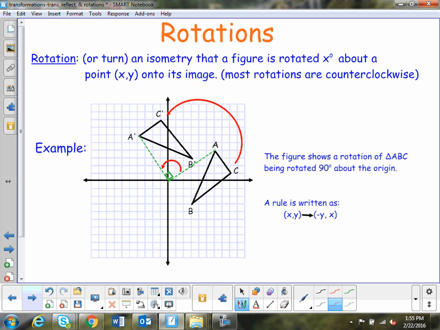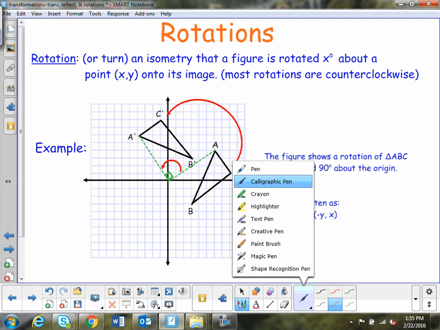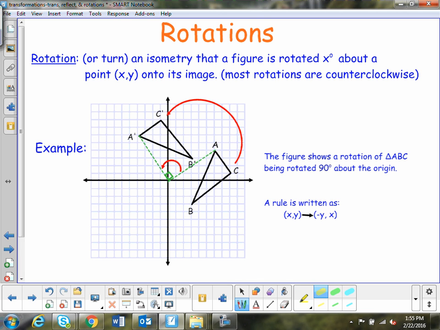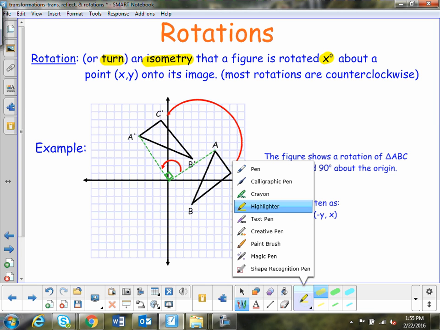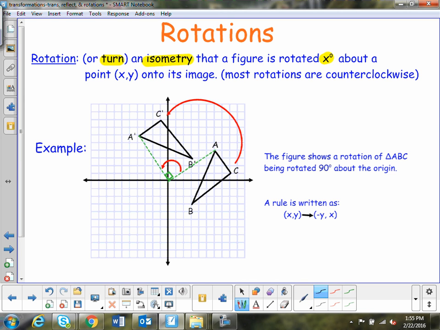Rotation is going to be turning about a point. When you turn, it is a symmetry because the figures are going to come out identical. And you're going to rotate it X amount of degrees, about a point.